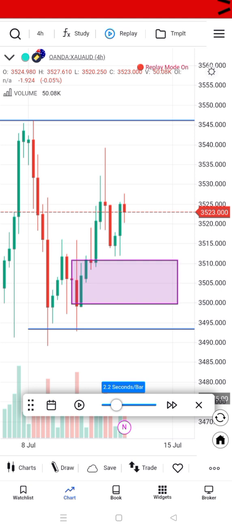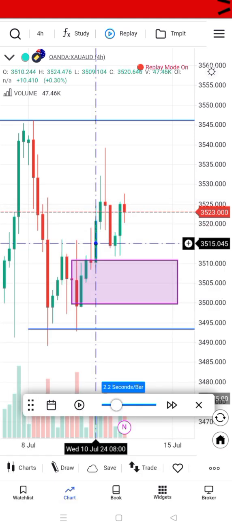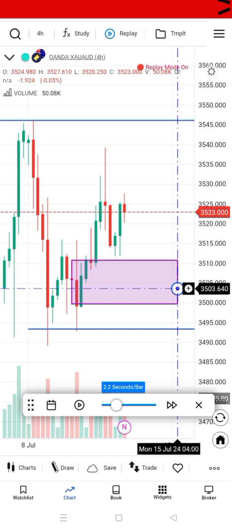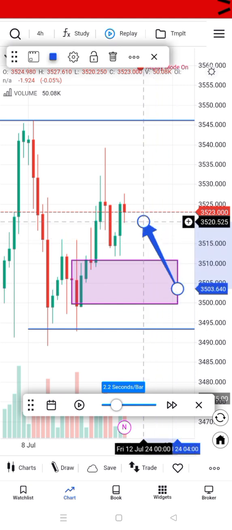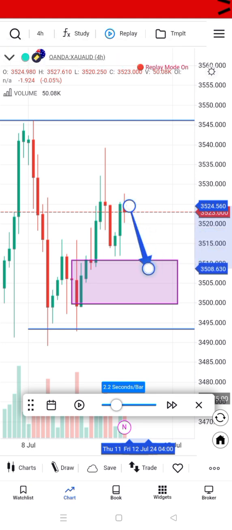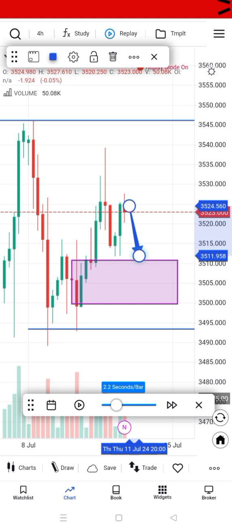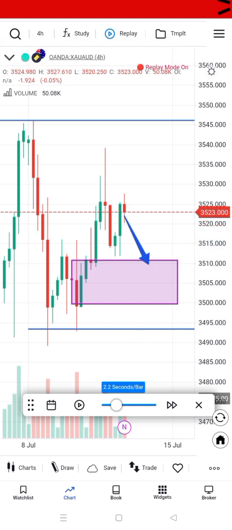Anything you draw on your chart, just know there is a reason behind it. The market is now bearish, so I'm waiting for it to come back there. When it touches that zone, I know there is a possibility of moving to the upper side.